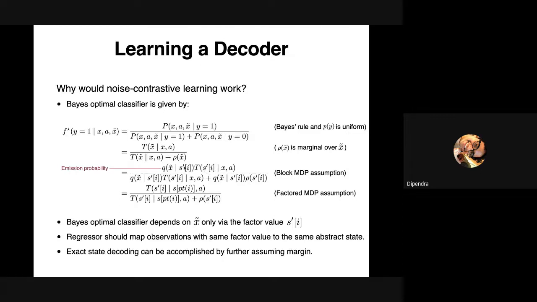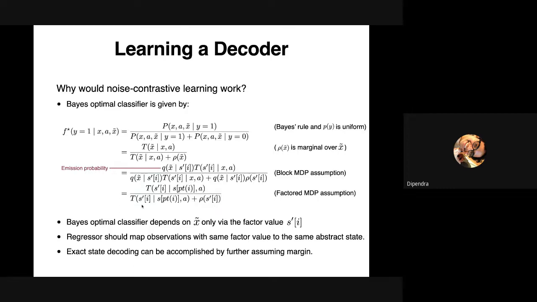Because s prime i is the actual value that emits x tilde, and q is the emission probability. So this will come out from the numerator and denominator, and we can cancel out the emission probabilities. And we can do another simplification, that the value of s prime i only depends on the parent value. And so this is the simplified form of the Bayes optimal classifier.